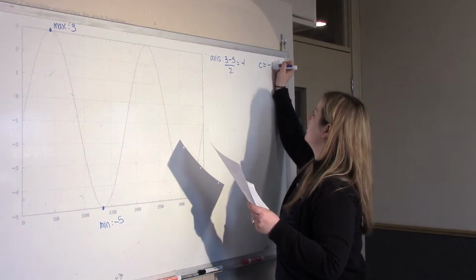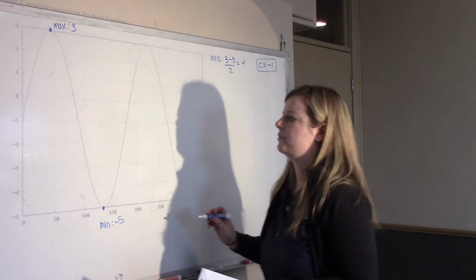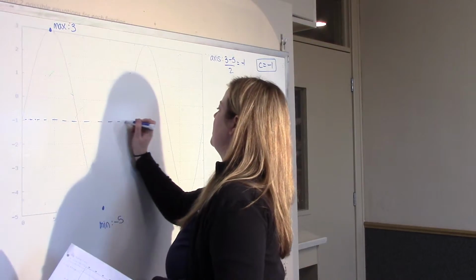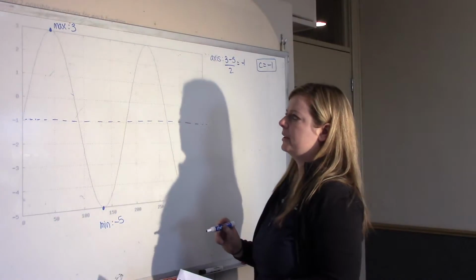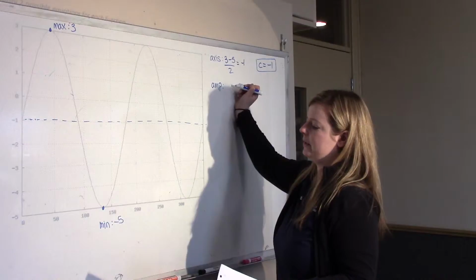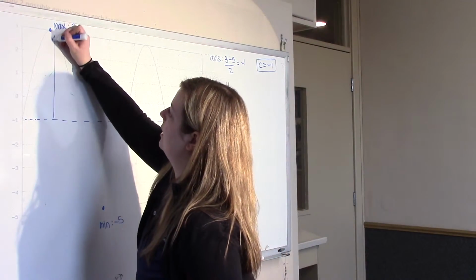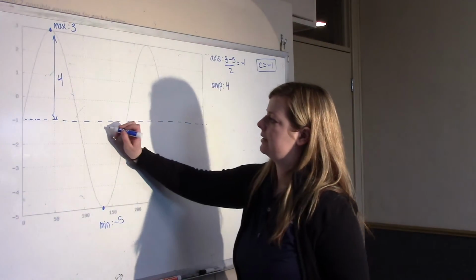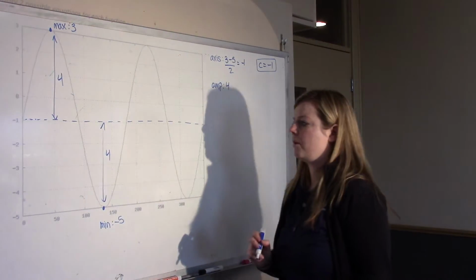So our C value is -1, no matter what, for sure. Okay, so you can kind of draw that if you want. So once we have the axis, you can then come up with the amplitude. So the amplitude is pretty clear, is equal to 4, right? Because the distance between -1 and 3 is 4, or the distance between -1 and -5 is 4.